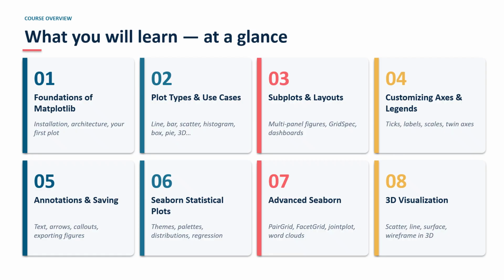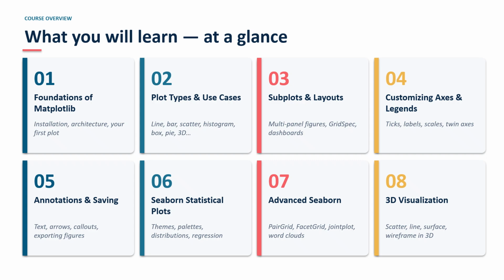Now this slide shows you the roadmap for the entire module 3. Let us quickly walk through what each module covers so that you know exactly what the course is all about. In module 1, we are going to learn about the foundations of Matplotlib. Before you can draw anything, you need to understand what Matplotlib is, right? How to install it, what its internal structure is, and how it works. Module 2 is the plot types.